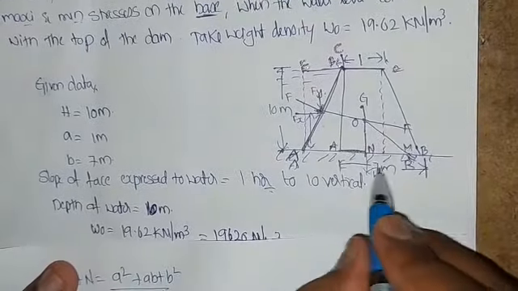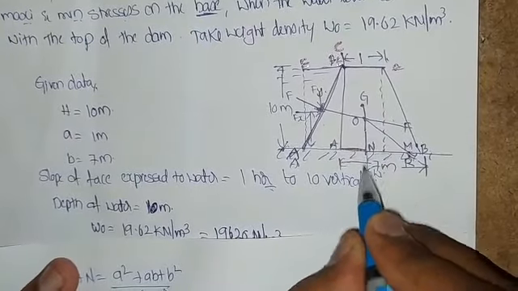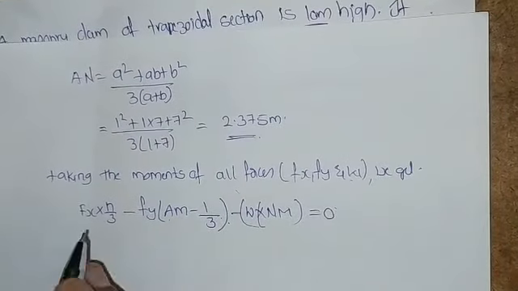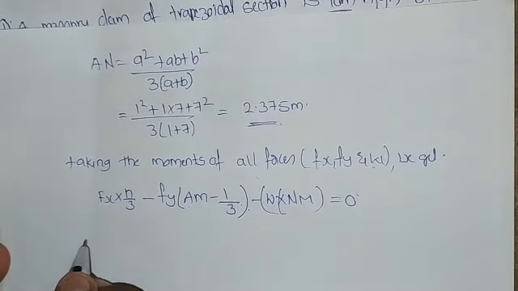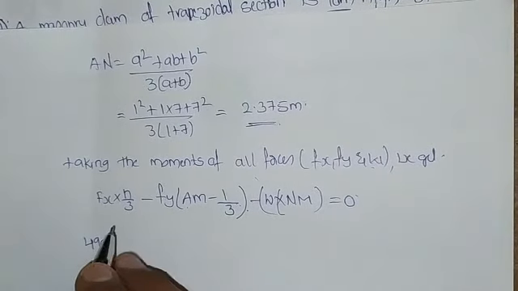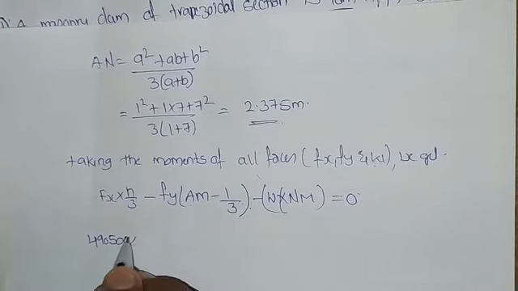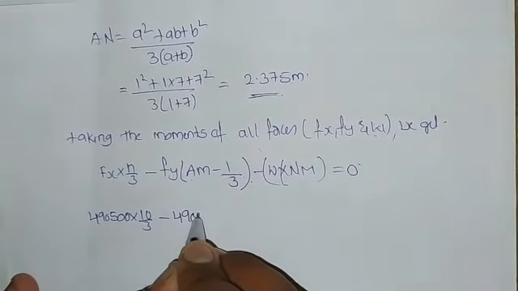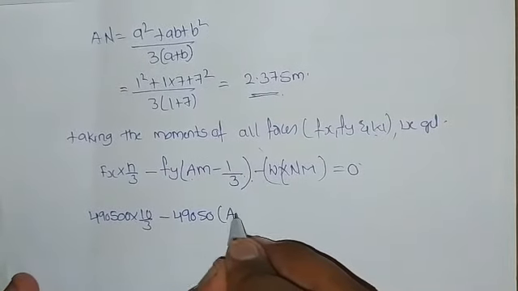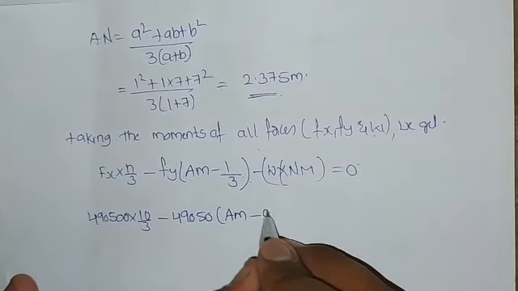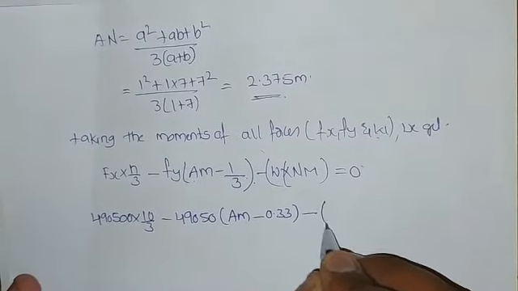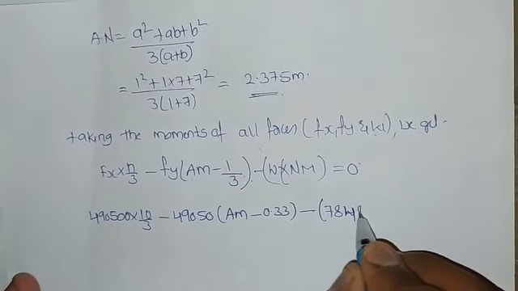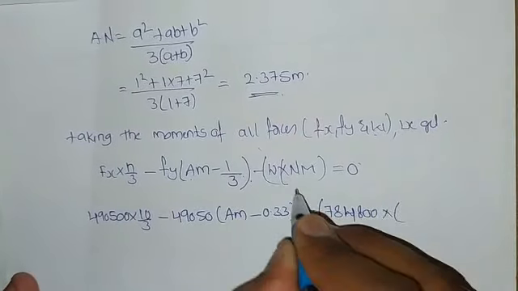So this NM we have to calculate: W into NM, the load into the perpendicular distance. We know the Fx value is 49050, and H is 10, so 10 divided by 3, minus the Fy value 49050 into (AM minus 1) divided by 3, which can be written as 0.33, minus, we know the W value we have calculated, the weight of the dam 784,800, into NM.